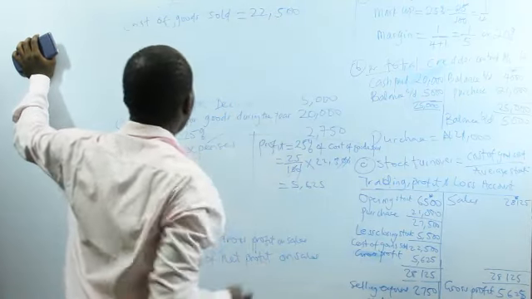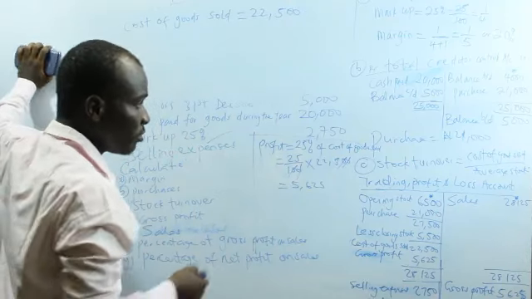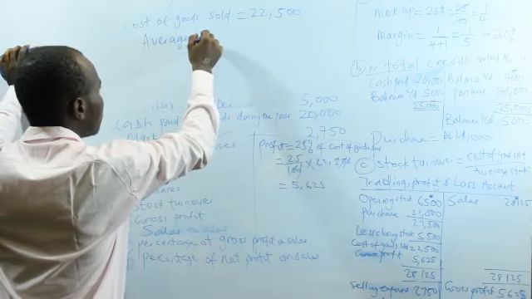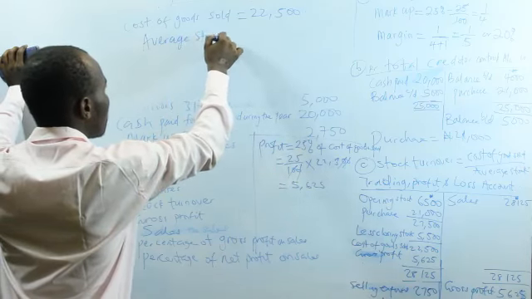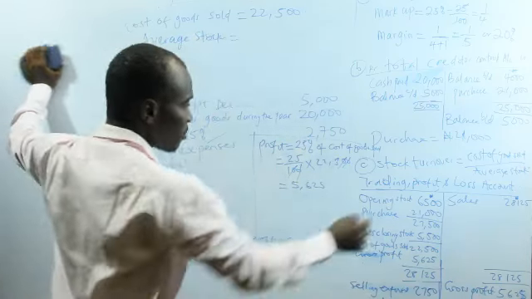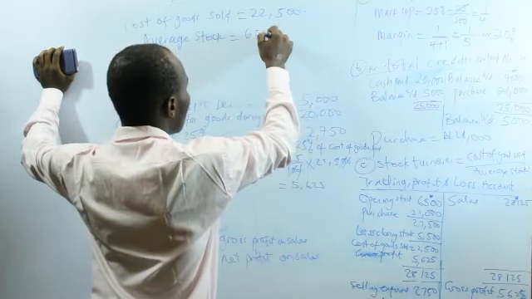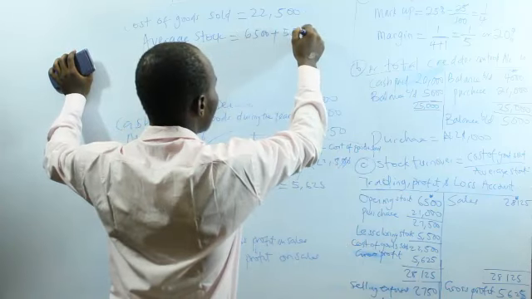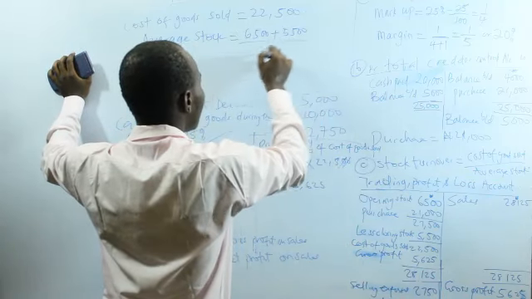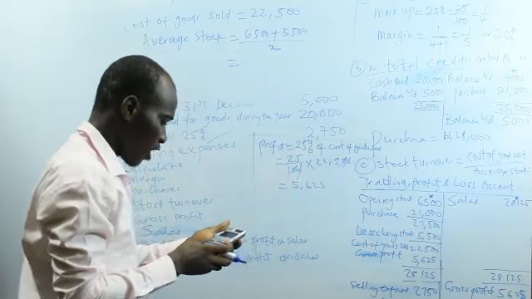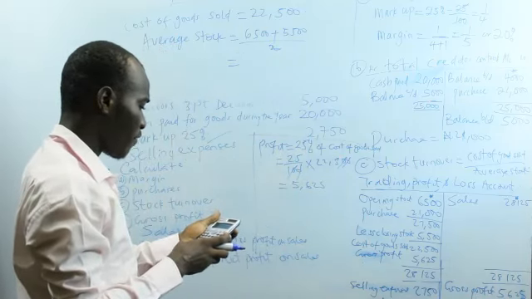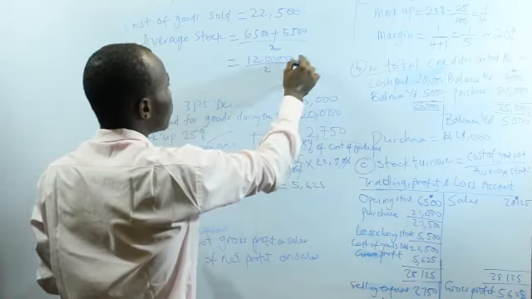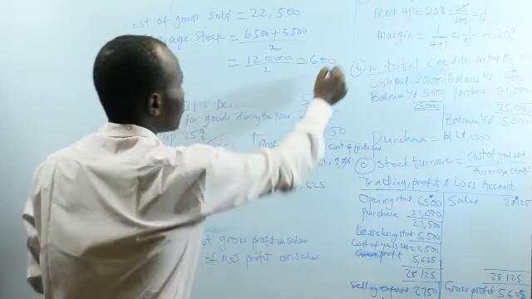to be 22,500, whereas we also have the average stock, which is the opening stock plus the closing stock over 2. That is 6,500 plus 5,500, which gives us 12,000 over 2, that gives us 6,000.